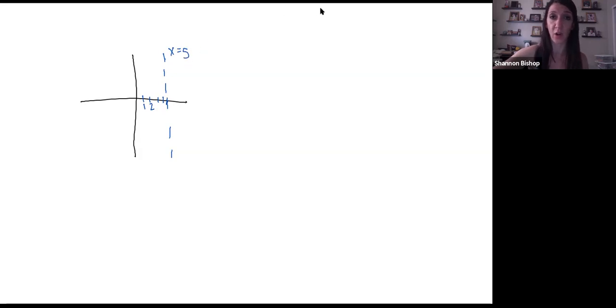And then I should also be able to see that the horizontal asymptote is at, how do I get this out of the way? Up here. Oh, I don't know. This is confusing. This is why I don't like using the mouse thingy. Okay, anyways, the horizontal asymptote we said was at 2.